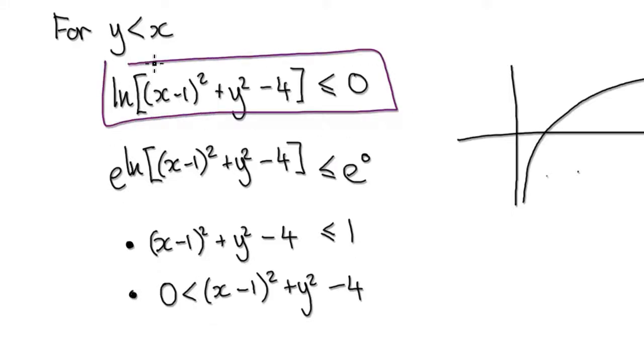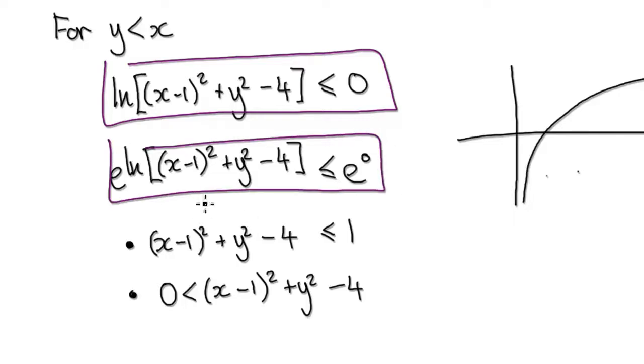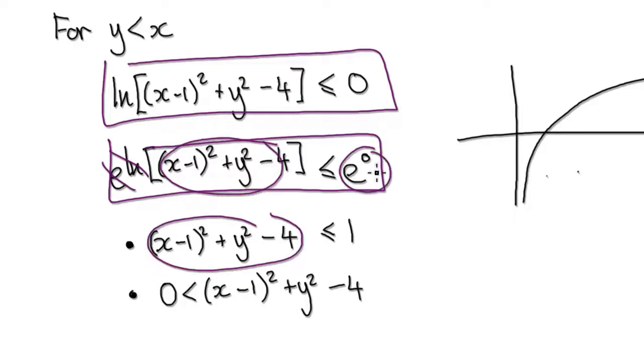So now let me think. Now exponentiate both sides with base e. That will then take you to here, and then these two in a way cancel each other out. So this thing here will then become this. E to the power of 0 is 1.